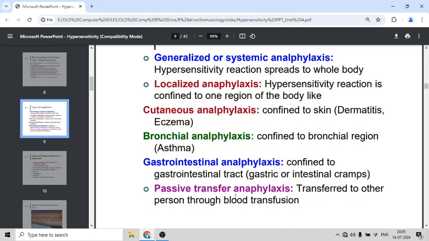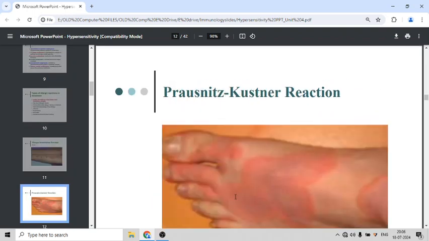It sometimes happens, and it can be demonstrated by a test called the Prausnitz-Kustner reaction. The Prausnitz-Kustner reaction involved two scientists, Prausnitz and Kustner, one of whom was sensitive to fish. On consumption of fish, she would develop red rashes and patches on the skin, as shown in the diagram.